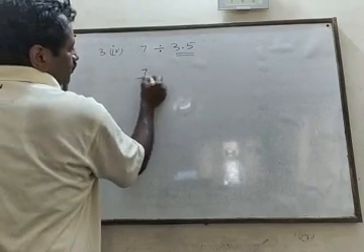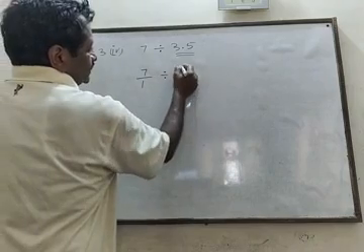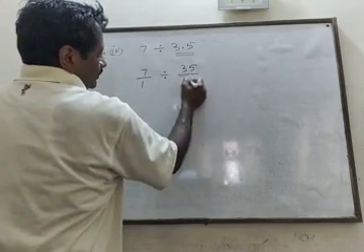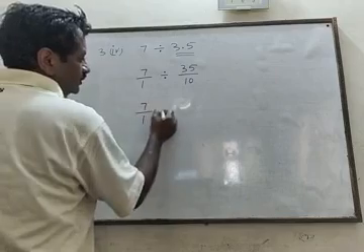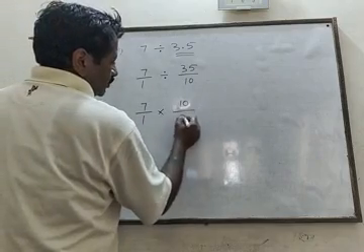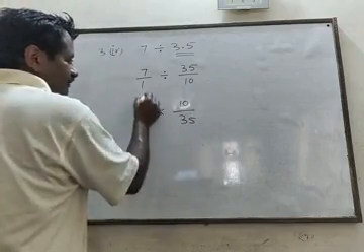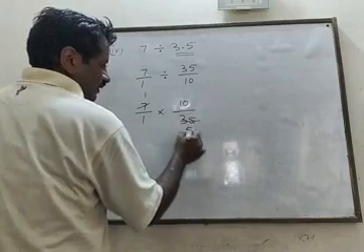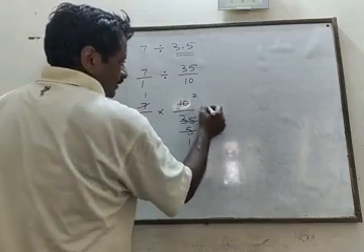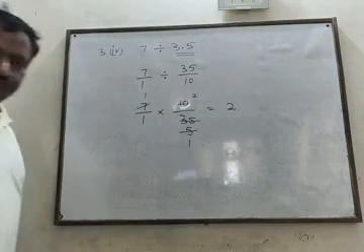So 7 upon 1 divide 35 upon 10, 7 upon 1 multiply 10 upon 35, 7 1 ja 7, 7 5 ja 35, 5 2 ja 10, answer will be 2.